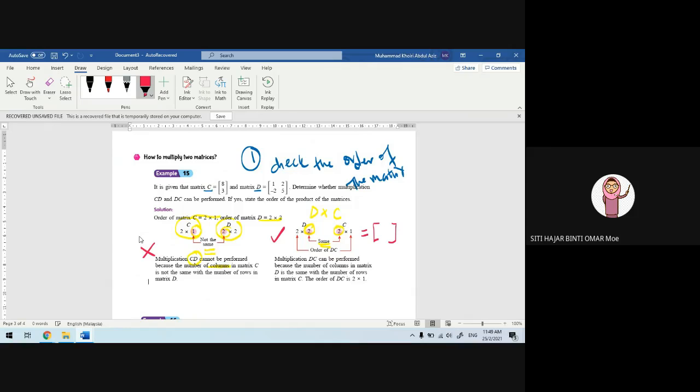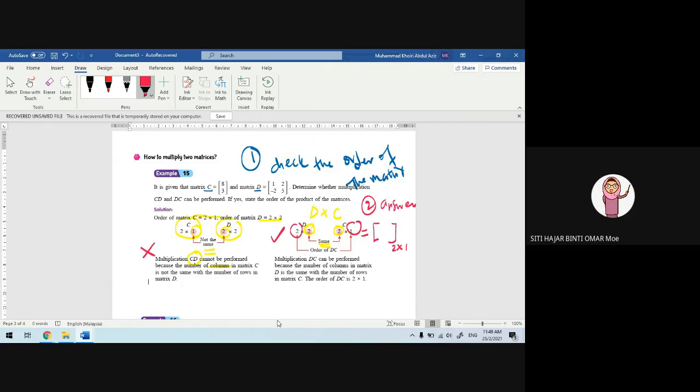It will be in the order of 2 times 1. Okay, 2 times 1 is here. We got constant. Okay, so your answer should be 2 times 1. If you get other order, means that your answer is wrong. Okay, so that's how you check. First check the order and then the answer. This is how you check your answer. So your answer should be 2 by 1.